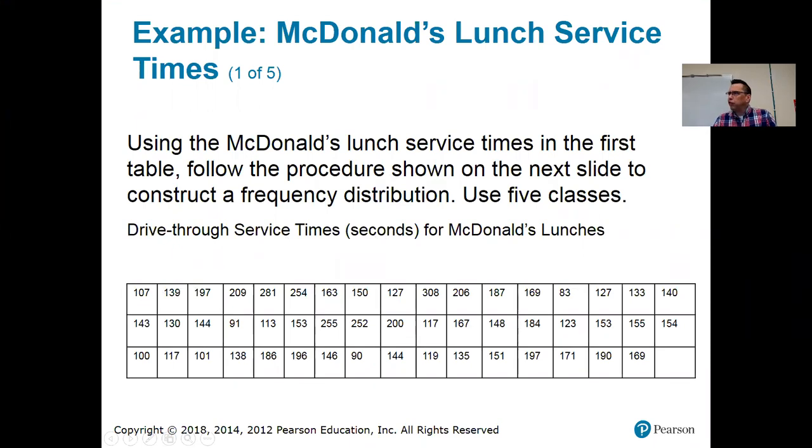I don't know if this is the drive-through or the counter, it doesn't say. Oh, it does say drive, you're right. Now I see that, thank you. All right, so 107 seconds, 139 seconds, 197 seconds, et cetera. So we're gonna make that into a frequency distribution.